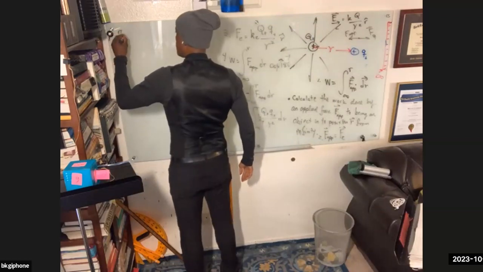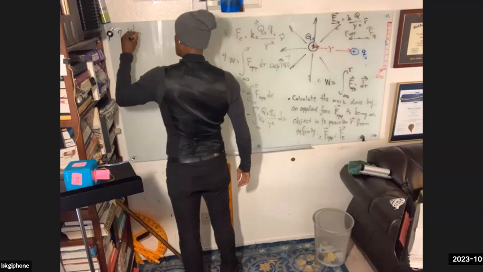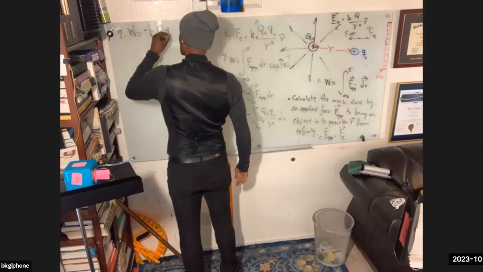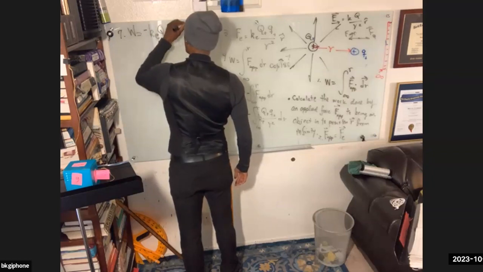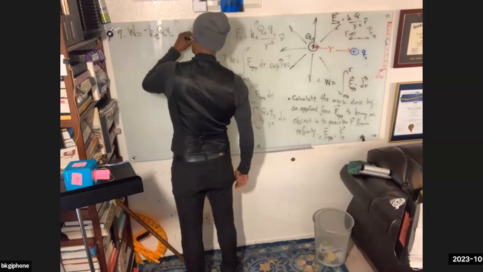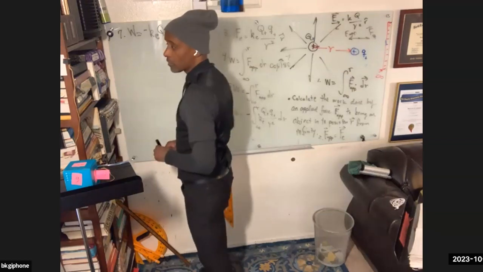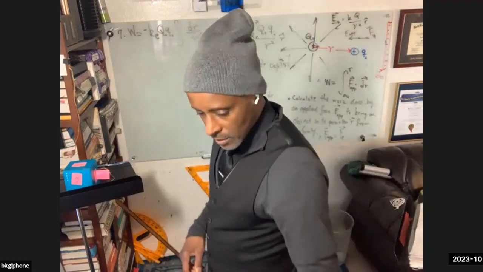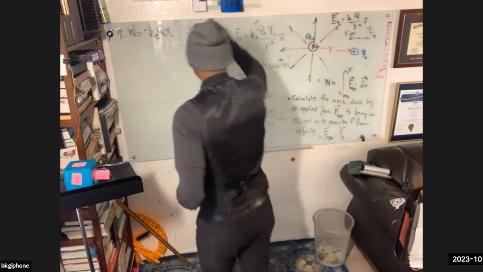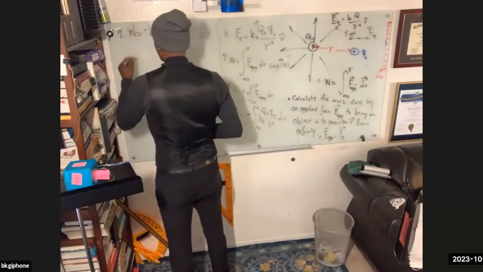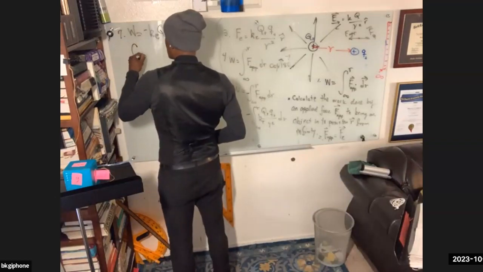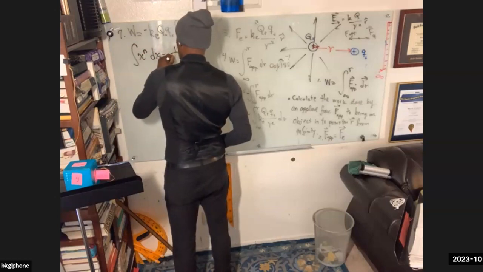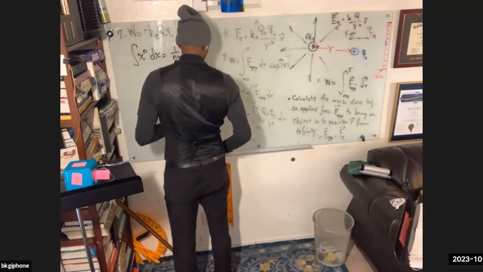Cleaning it up, the work is then equal to negative k_e, take out the Q plus, integral of dr over r squared. And that's a simple integral that you can do. With integration, it is of the form: the integral of x to the n dx is equal to, what is it?